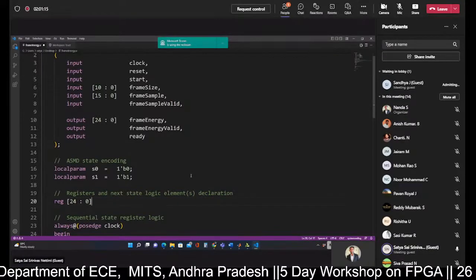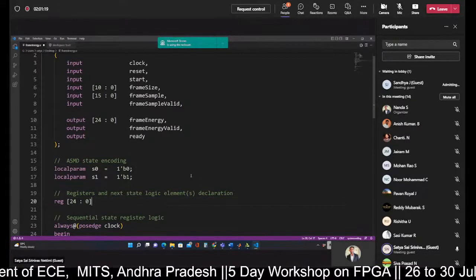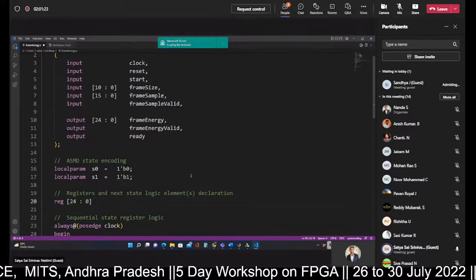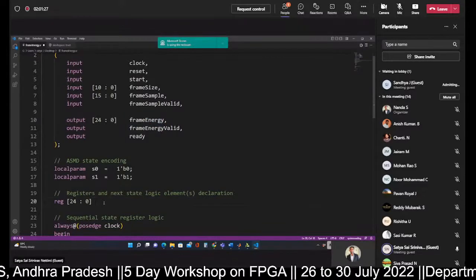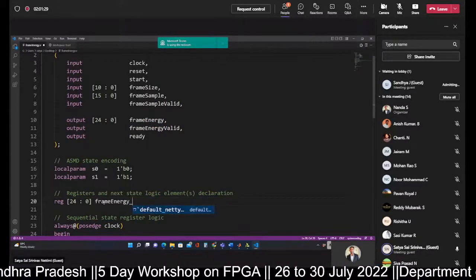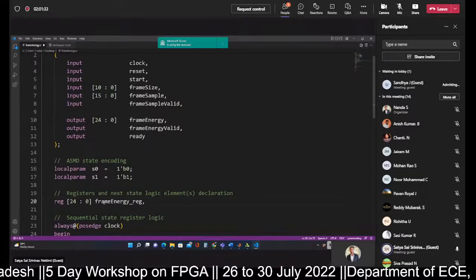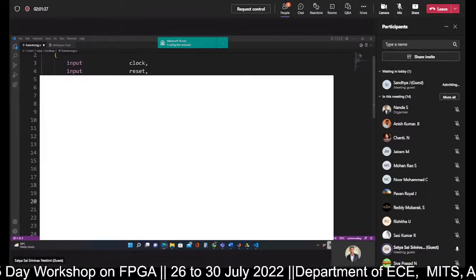Actually this is reg, this is not a pure register. When it will become a register, I will let you know. Reg 24 down to 0. For the sake of convenience, I will use the same names: frame energy underscore reg, that means it is a register. And you can see from the diagram, right?